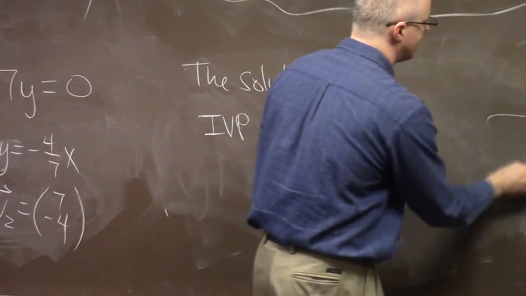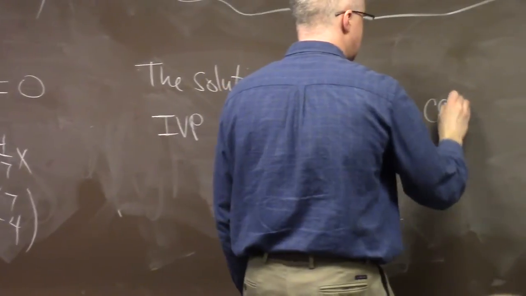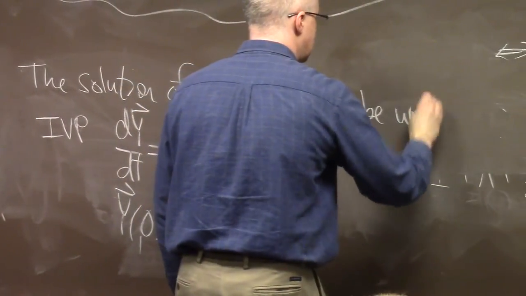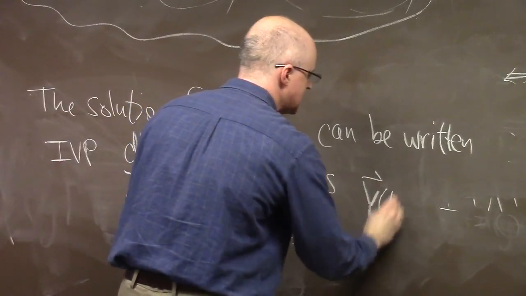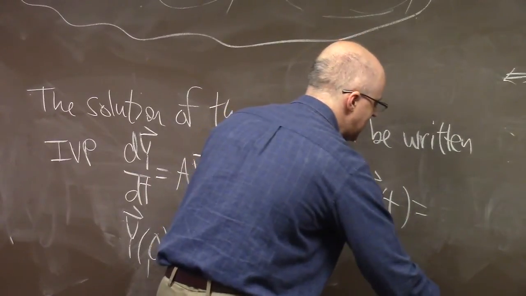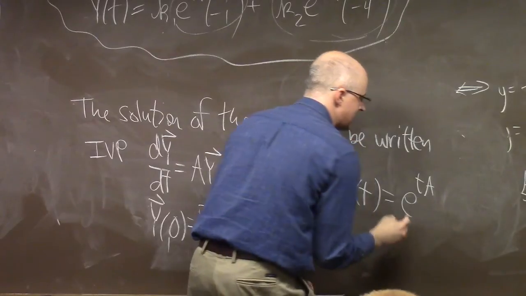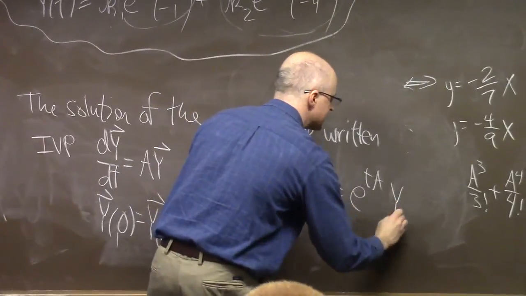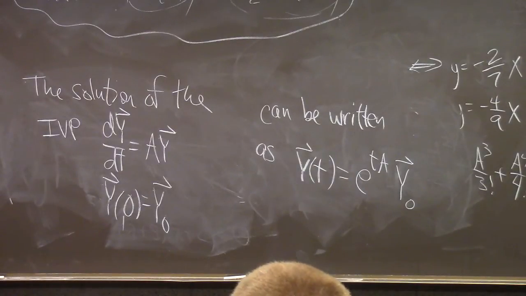The unique solution of that initial value problem can be written as y of t equals e to the t times capital A power, that's a matrix, times the vector y0. That's a matrix times a vector. That's the first thing to know here.